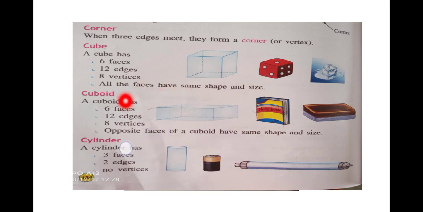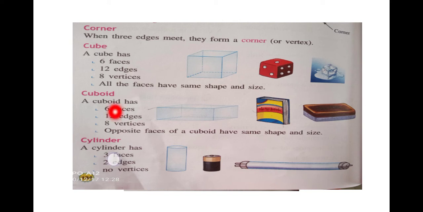Now vertices, how many vertices are there? Corners will be one top here, below here 2, here 1, here 2. So 4, then here it is 5, 6, 7, 8. So 8 vertices are there in a cube.